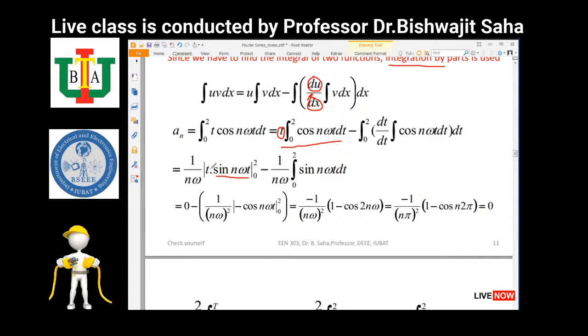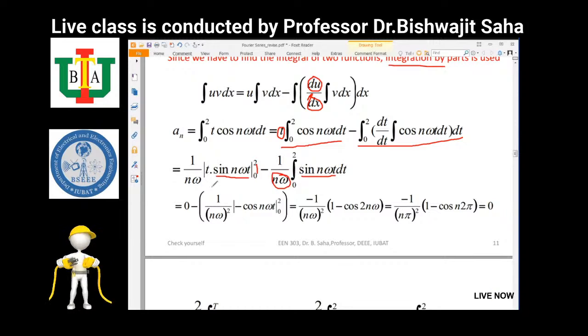In our problem, t is the variable, that's why t stays inside the limit 0 to 2. That's why t is multiplied with sin(n omega t). And for the second integration, we integrate cos(n omega t) to get sin(n omega t) divided by n omega. So n omega is taken out from the limit.